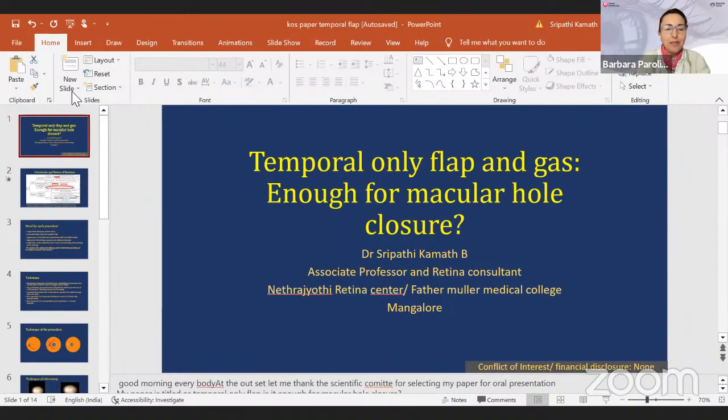So I'm adding one more variable, which is the hydrodissection of the macula. I don't know if some of you already spoke about that. Hydrodissection of the macula and reapposition of the edges of the hole by stretching them, and then with the fluid air exchange, really closing the hole.